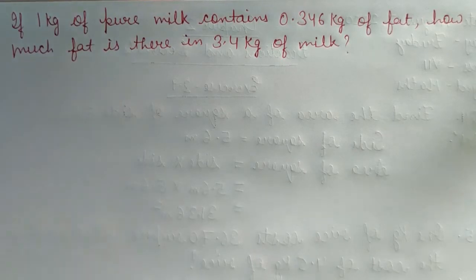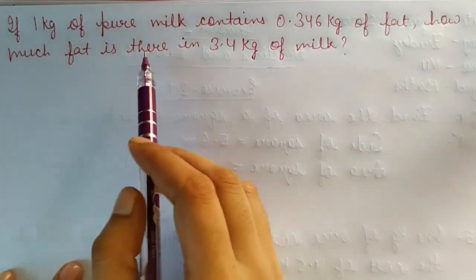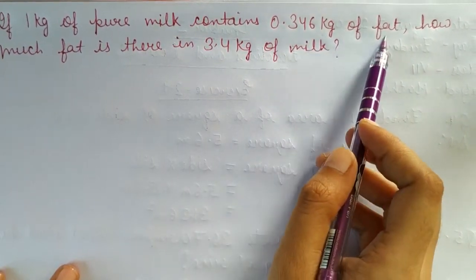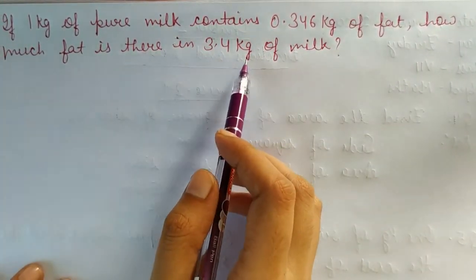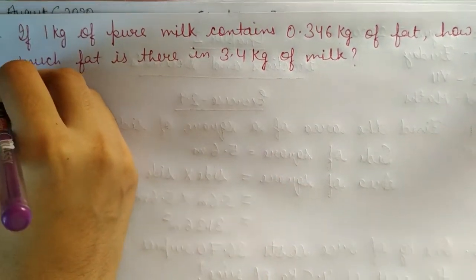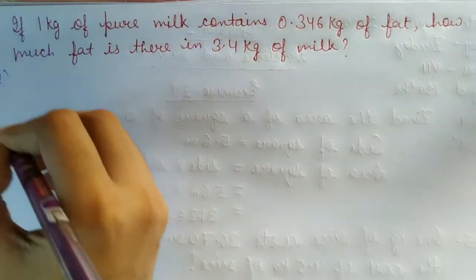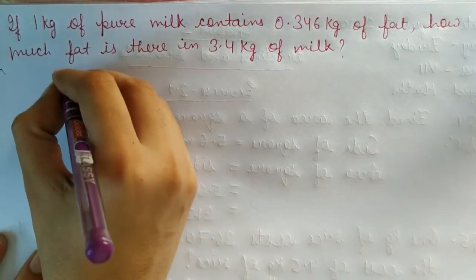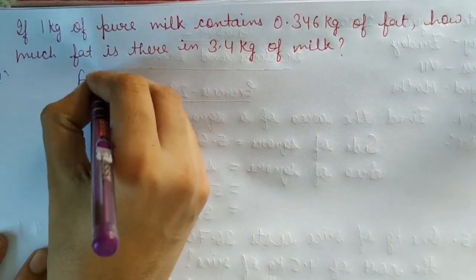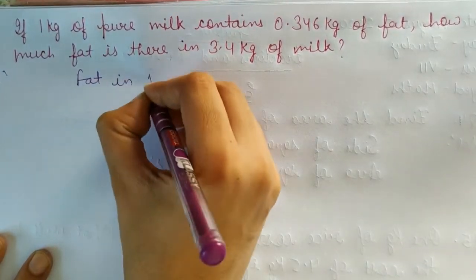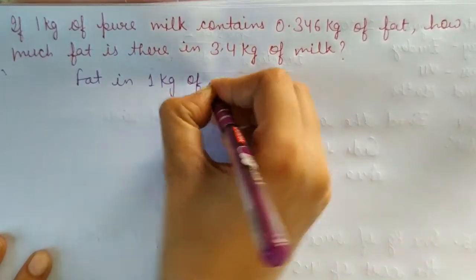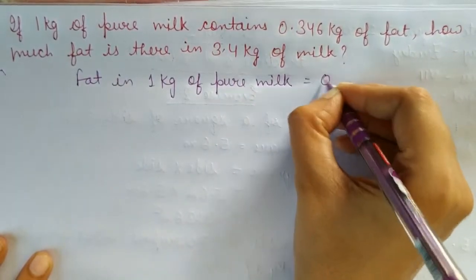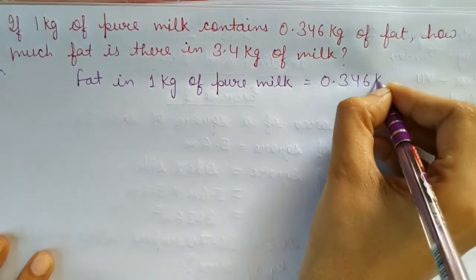Next question is question number 6. If 1 kg of pure milk contains 0.346 kg of fat, how much fat is there in 3.4 kg of milk? As usual, first of all, write whatever we are given. We are given fat in 1 kg of pure milk, that is 0.346 kg.